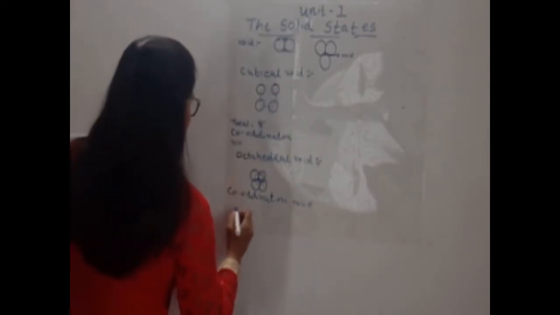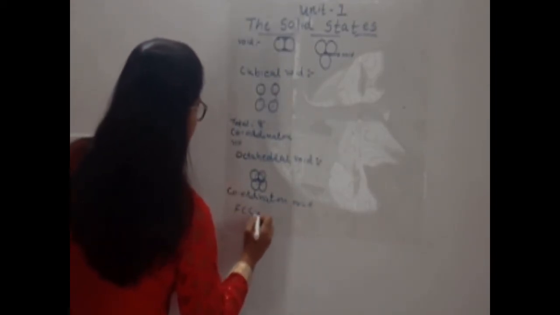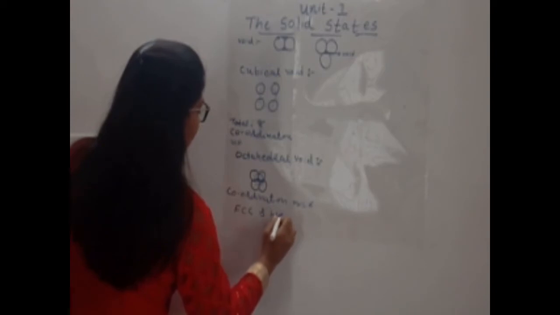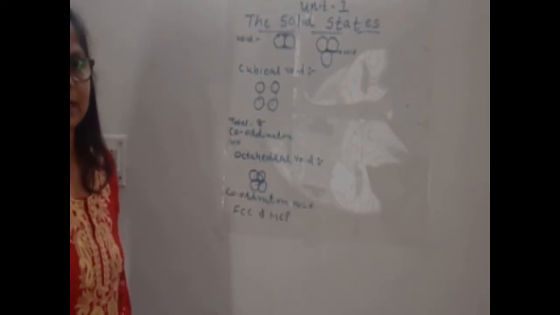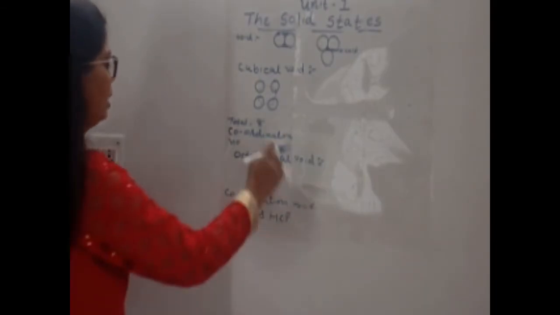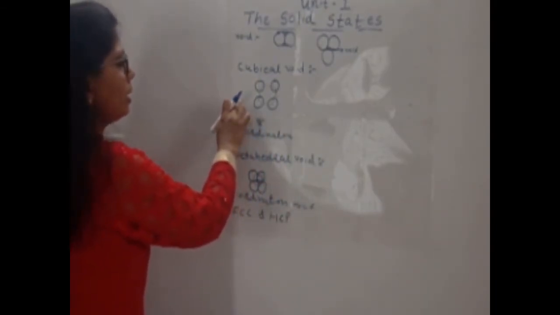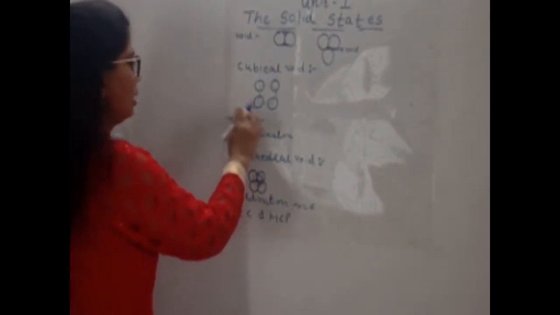Now, this void we can generally see in FCC and HCP. Octahedral void is found in face centered and hexagonal close packing, FCC and HCP. Cubical I said about the BCC. So these 2 voids we have completed.